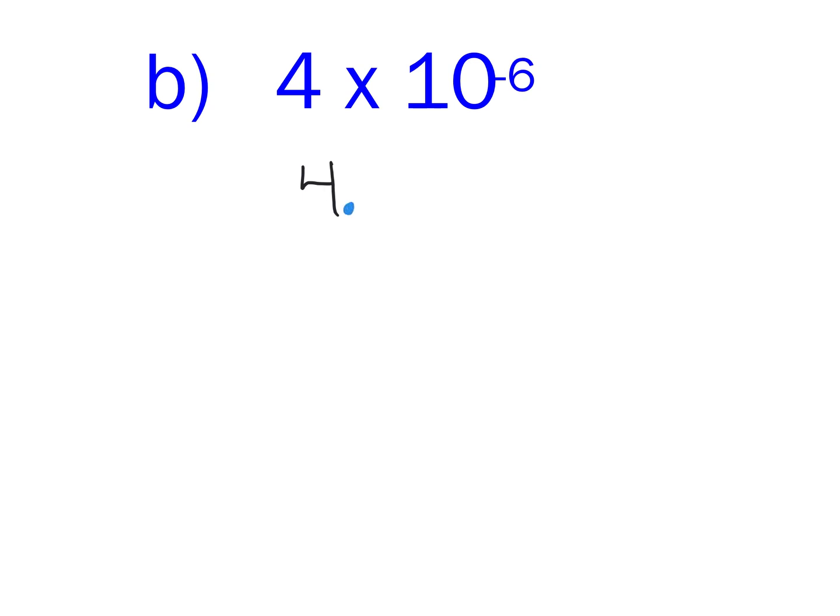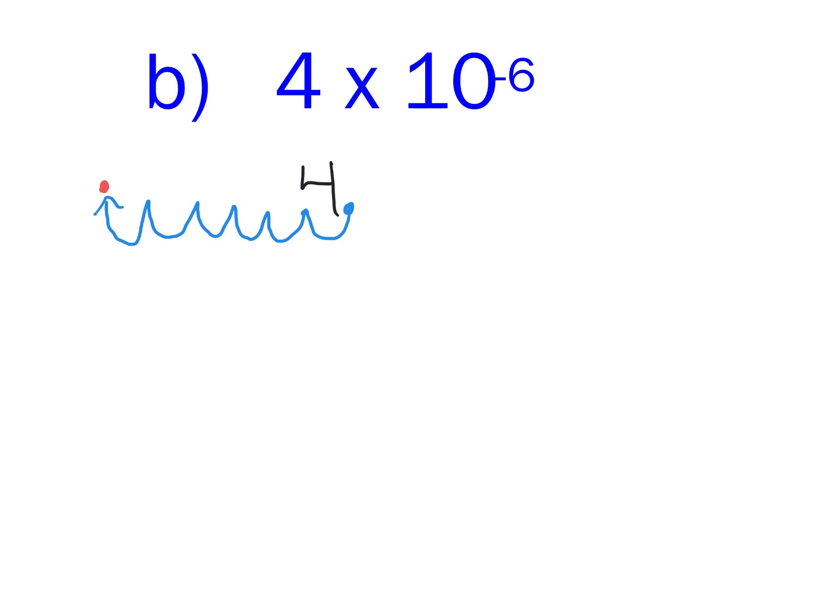Here's the decimal, and we're moving 6 spots to the left. So that's 1 spot to the left, 2 spots, 3 spots, 4 spots, 5 spots, and 6 spots. So the decimal's going right here.